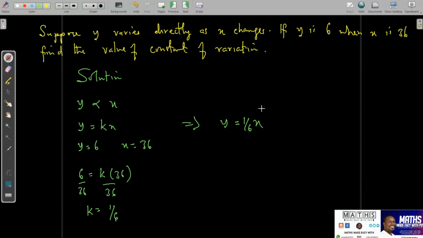Yes, please. All right. So that is one other example of inverse variation. And as you rightly said, it is 1 over, a fraction of the first variable. So we write it in fraction form.